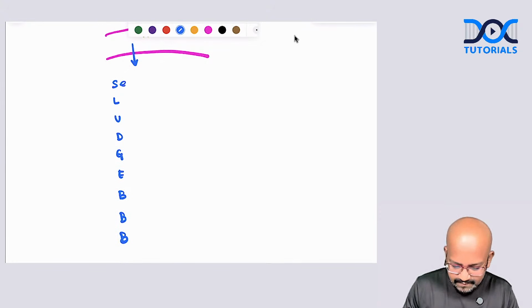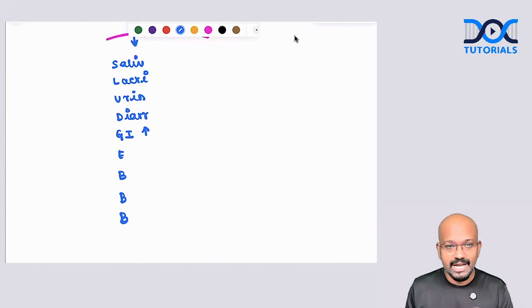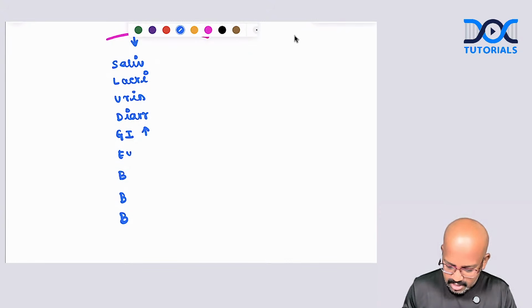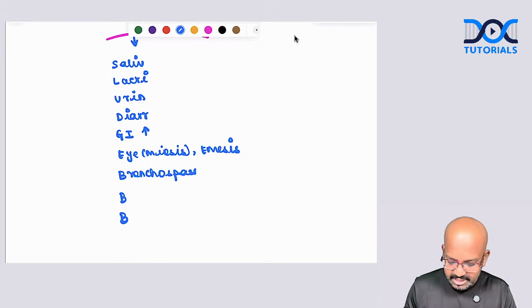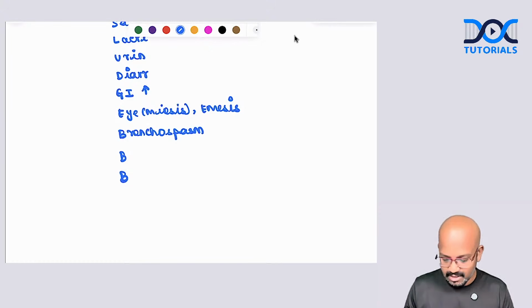S is for salivation, L is for lacrimation, U urination, D diarrhea. GI motility will be increased. In eyes, there will be miosis. And patients might land up in emesis. B is for bronchospasm, which means patients might be having respiratory difficulty.